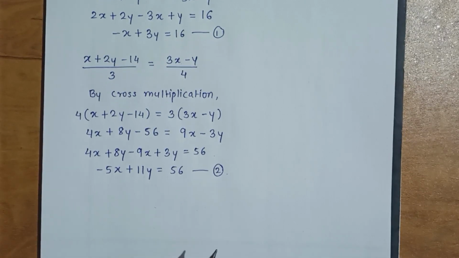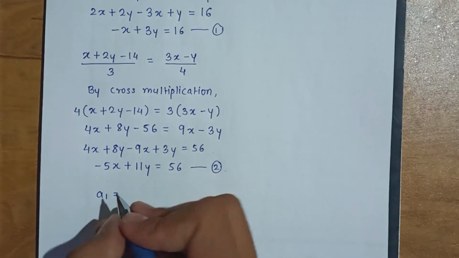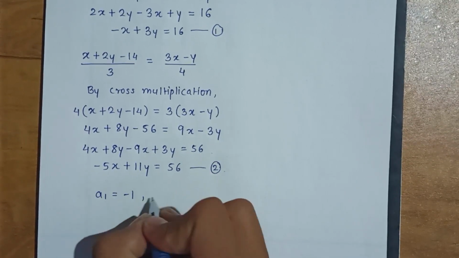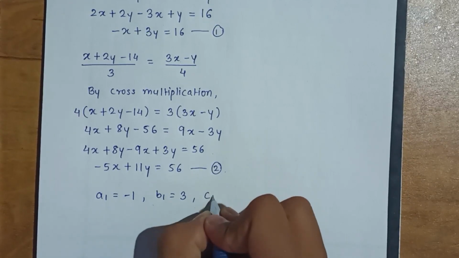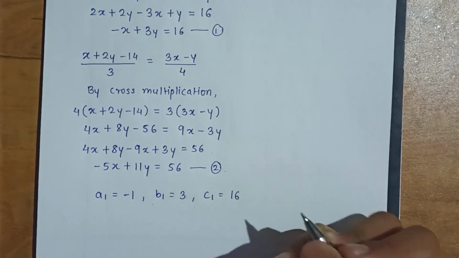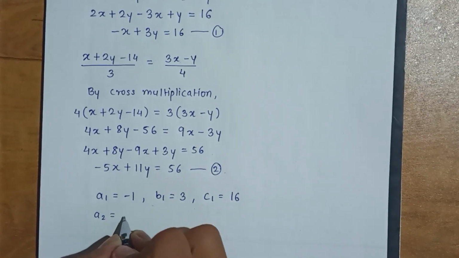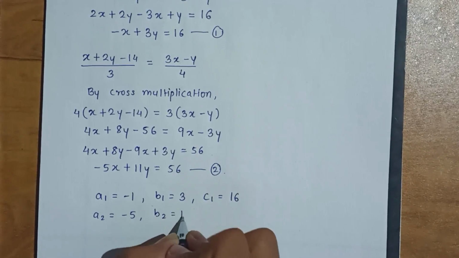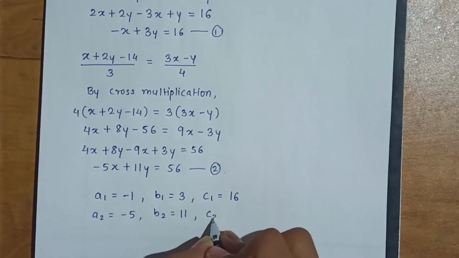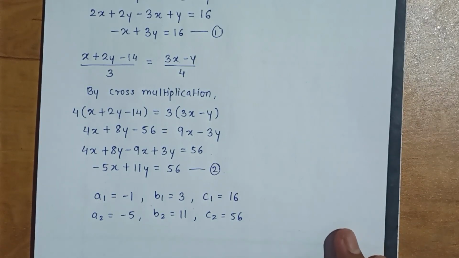The values are a1 equals -1, b1 equals 3, c1 equals 16, and from equation number 2 we get a2 equals -5, b2 equals 11 and c2 equals 56. So these are the values of a1, b1, c1 and a2, b2, c2.